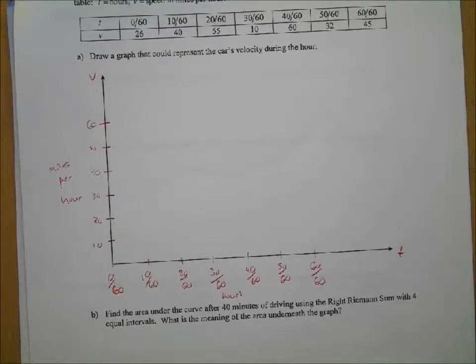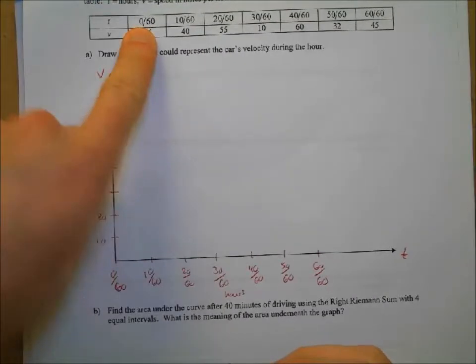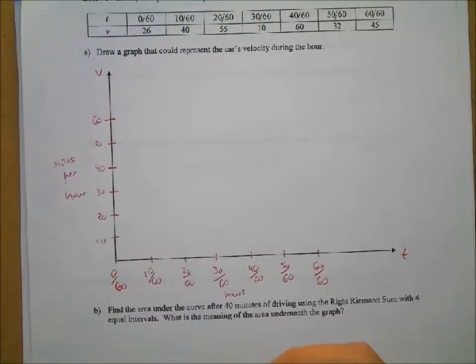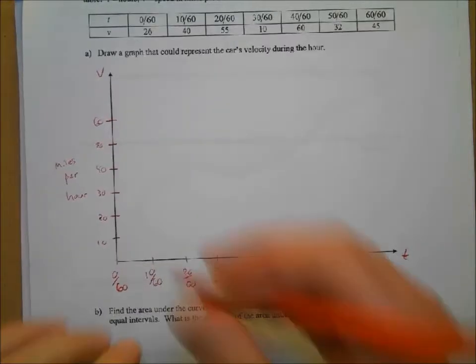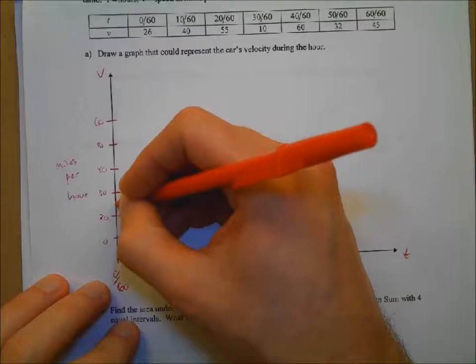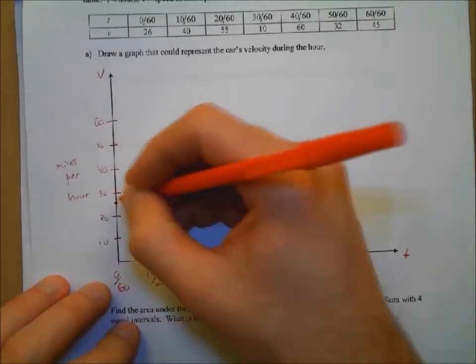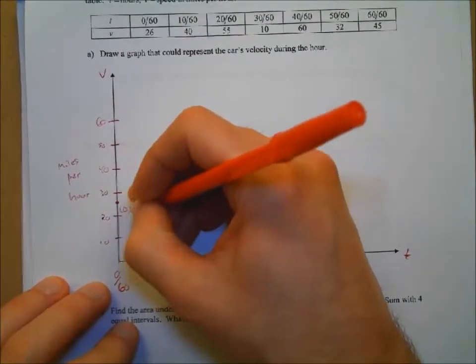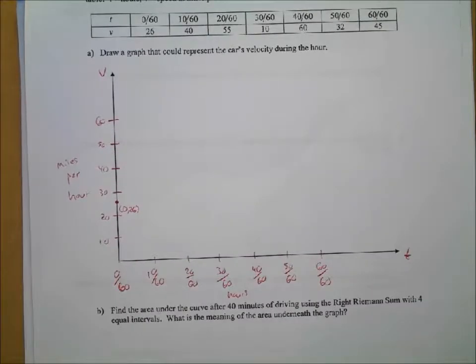Again, the graph is helpful because it'll help us figure out what we're looking at and considering here. At time 0, we are at 26 miles per hour. So when we start this process, at time 0, we're at 26. I'll roughly put that right there, so that's the point (0, 26). I'm just going to label the point for ease of looking at it.